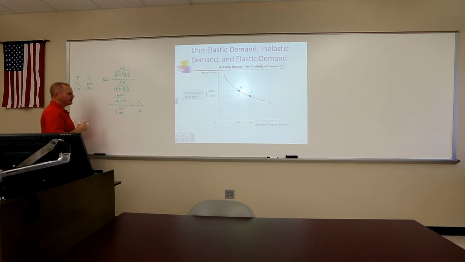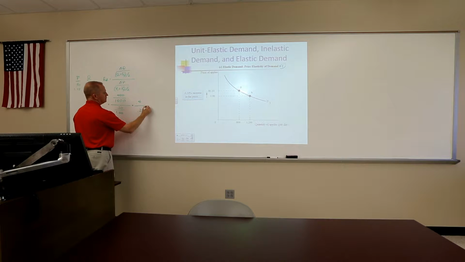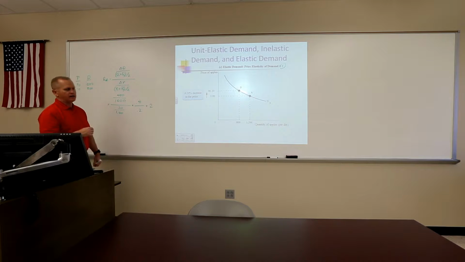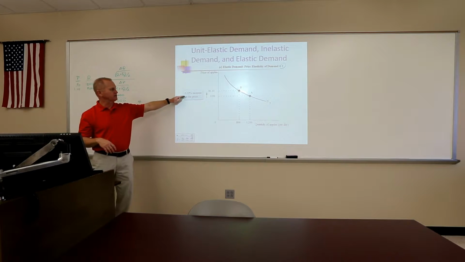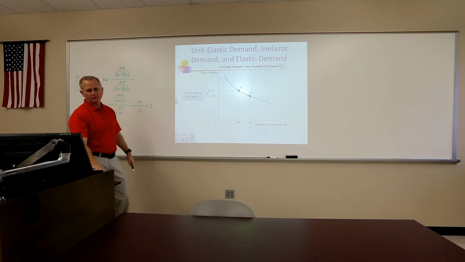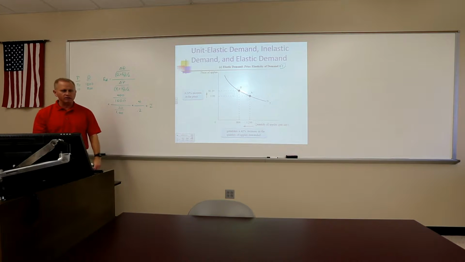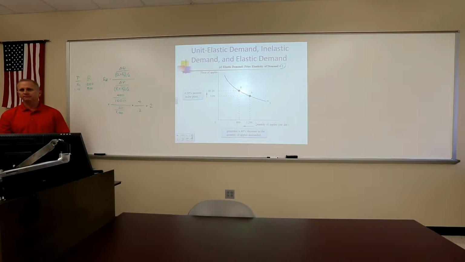And dividing that into 0.4 gives you the coefficient of 2. So it did work out to be what it said. Between points A and B, the coefficient of elasticity of demand was 2. A 20% increase in price generates a 40% decrease in the quantity of apples demanded.